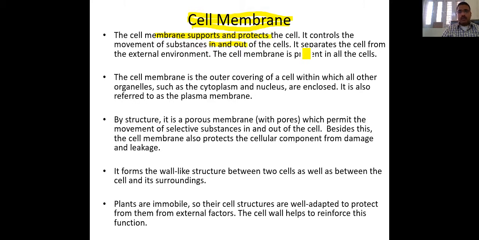It separates the cell from the external environment, as already told in the previous slide and as already shown in the figure. The cell membrane is present in all cells, which means the plasma membrane is present in every cell.